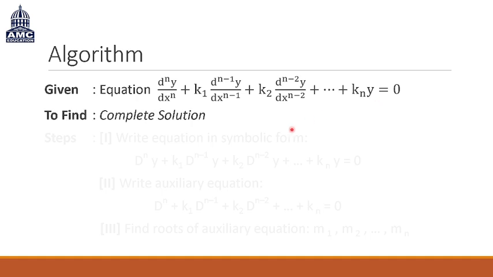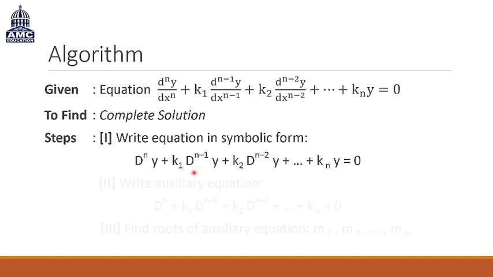Okay, so what we need to do is, first of all, we will write the equation in the symbolic form. And as you remember from our previous video, capital D to the power n is basically small d to the power n by small d x to the power n. So this is the nth order differential operator, and D to the n minus 1 is the (n minus 1)th order differential operator.